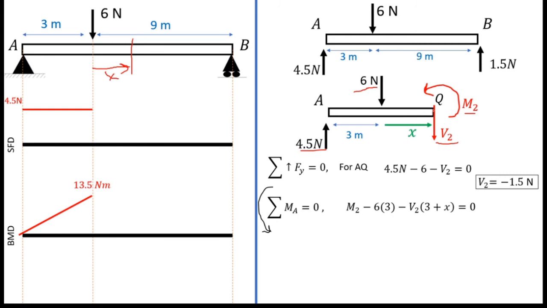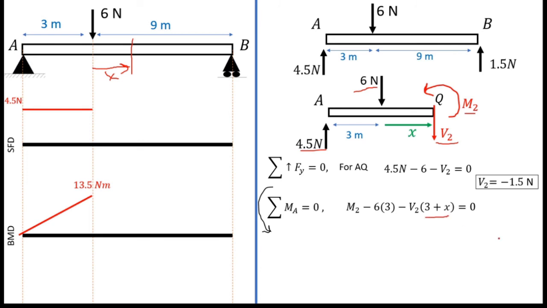V2 is in the same direction as 6 Newton, therefore I put a minus sign here. V2 times 3 plus X, because we take moment about A, and the distance between A and Q is 3 plus X.